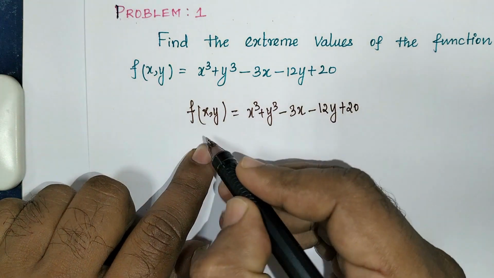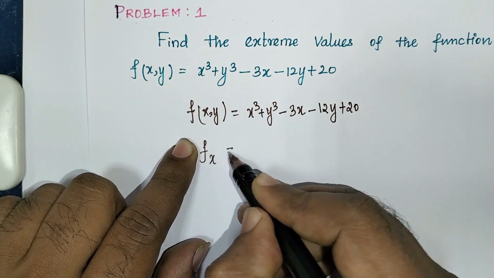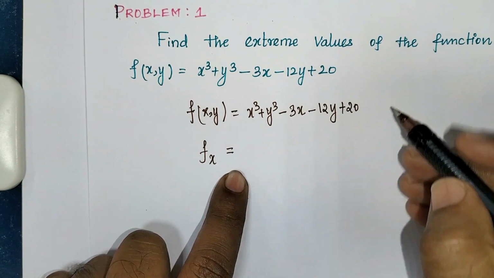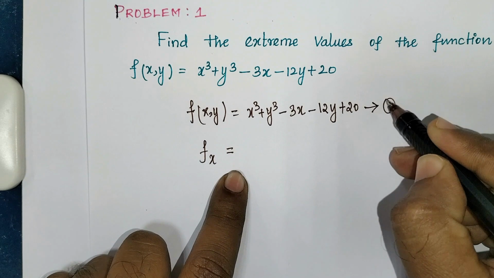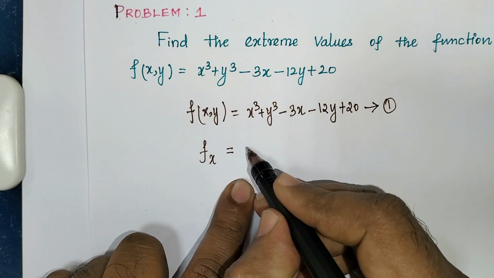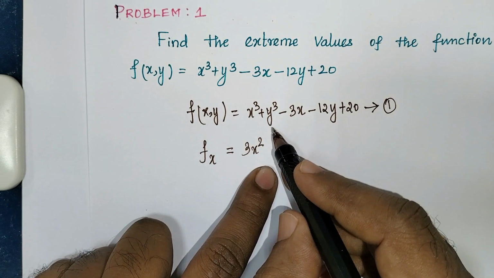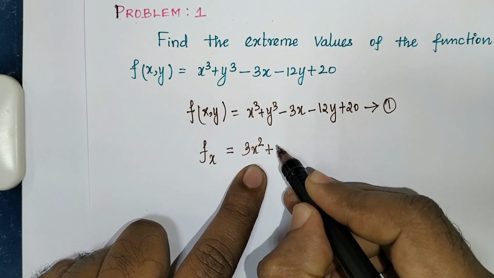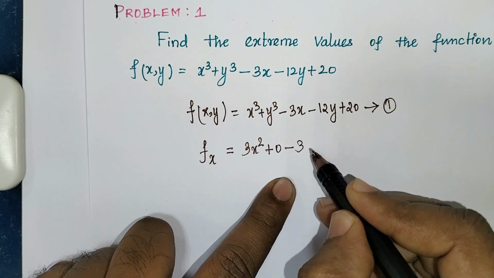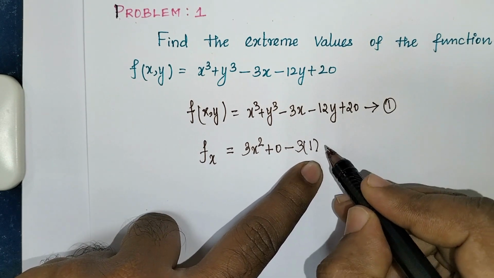This equation I'm going to differentiate partially with respect to x, that means fx. This is equation 1. Differentiating x cube gives 3x square. Here y cube has no x term, so it is 0.